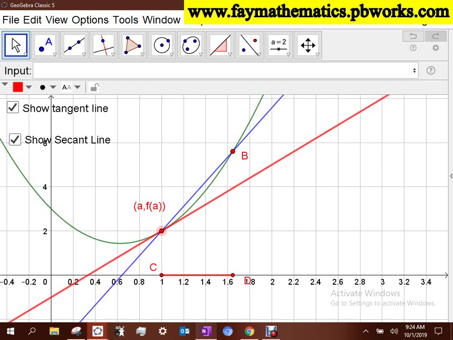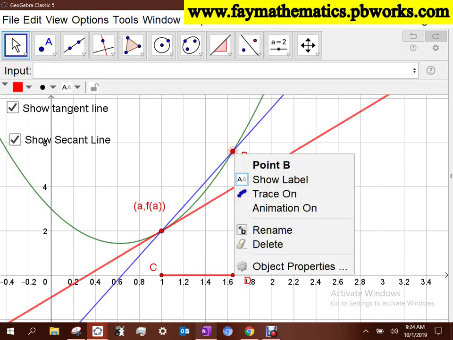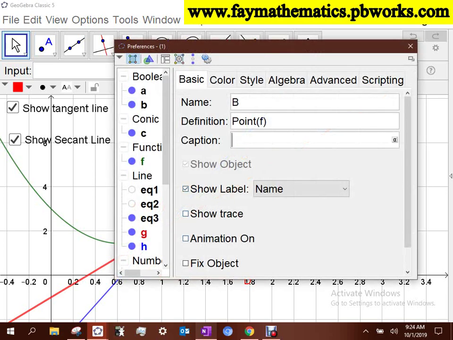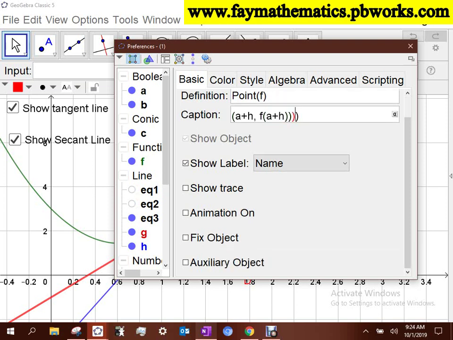Okay, well, I'm going to define that distance as h. So let's call this ordered pair a plus h. So then the y value is f of a plus h. And I'll have parentheses.